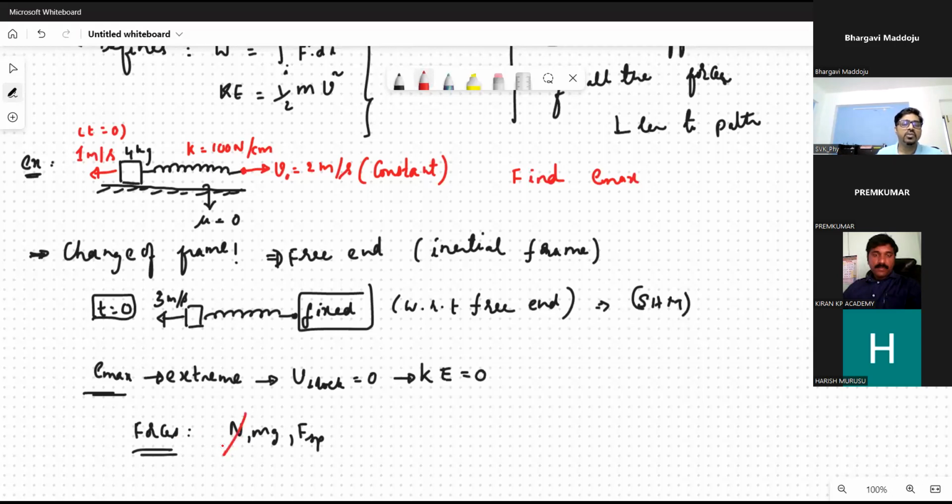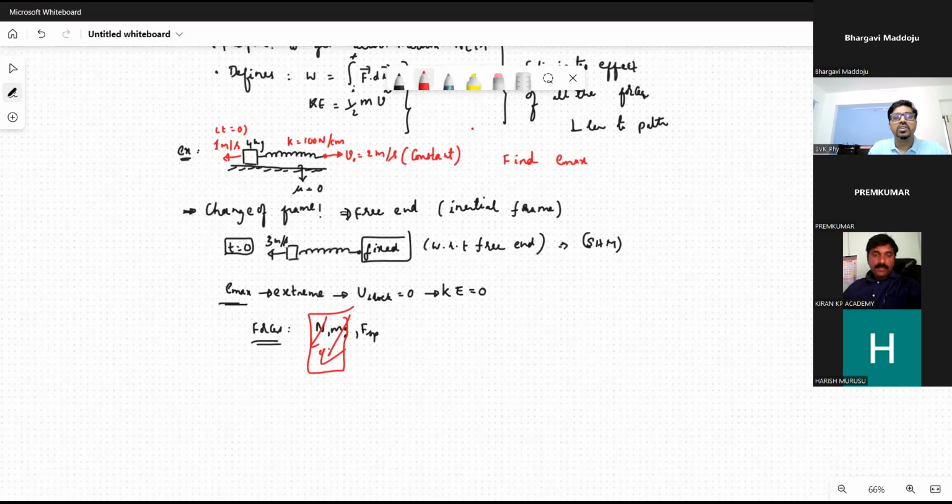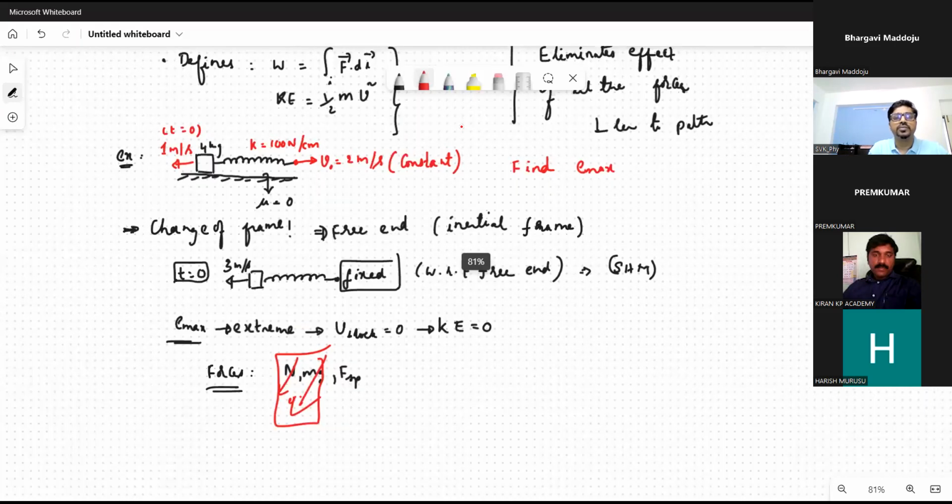They don't perform any work. Forget about them. You don't have to worry about the work. That's the advantage with the work energy theorem. You don't have to worry about the forces which are perpendicular to velocity. They don't perform any work. Only those forces which are along the velocity line, maybe in the direction of velocity or opposite to the direction of velocity, only such forces you need to focus on.